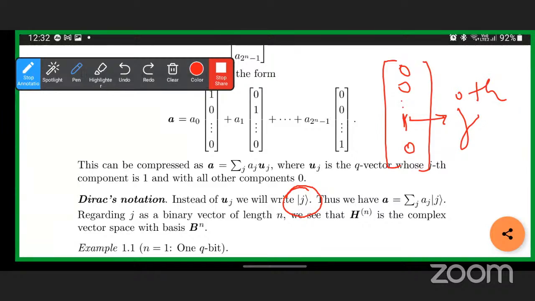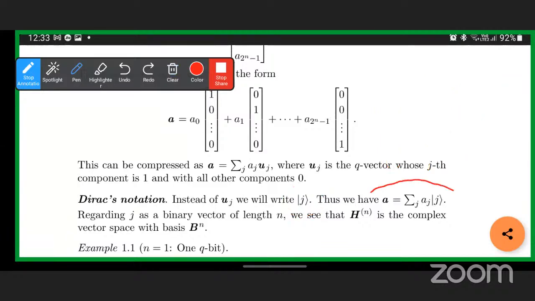And what is the advantage of this notation? The advantage is I can write this A so easily as A equal to the sum of AJ times that Q vector. Let's take a very simple example to understand it further.